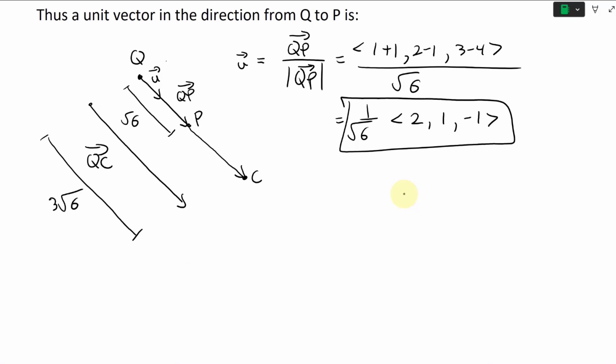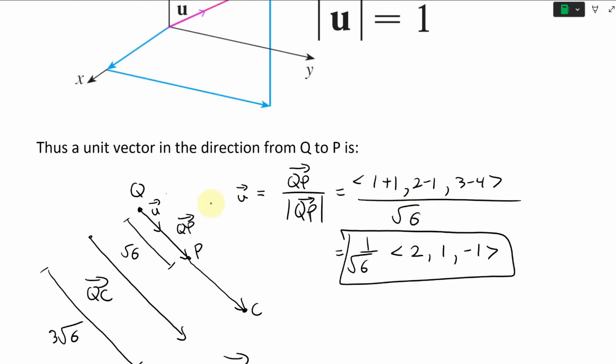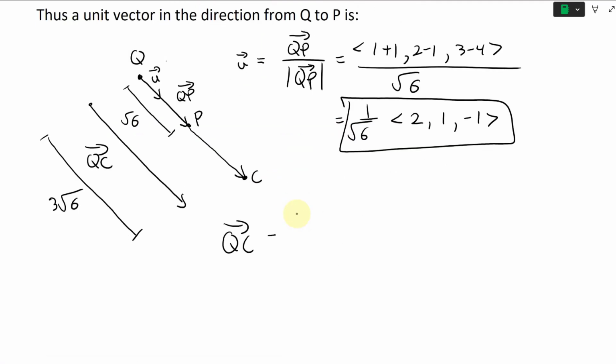So then we can solve QC, because remember QC is just along this direction vector. Since U always has length 1, QC is just equal to the full length multiplied by the direction vector. So we get 3 square root 6 times U. This equals it because it's all along the same line, same direction.